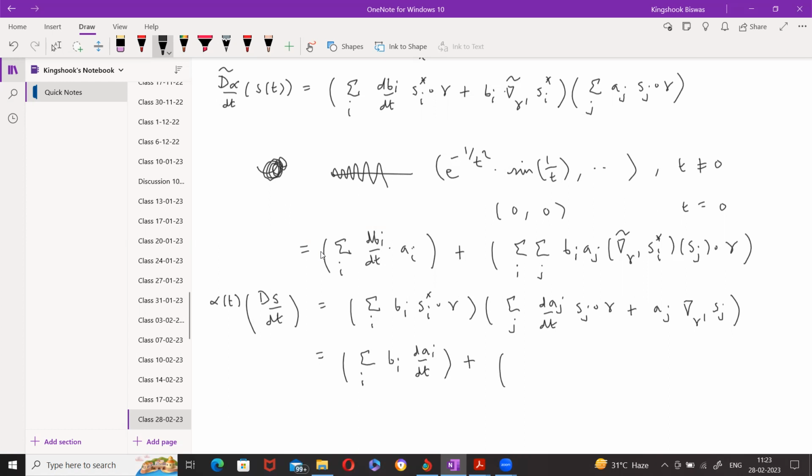Plus then I'll get a sum over i, sum over j of bi aj Si star applied to nabla gamma prime Sj, at gamma.